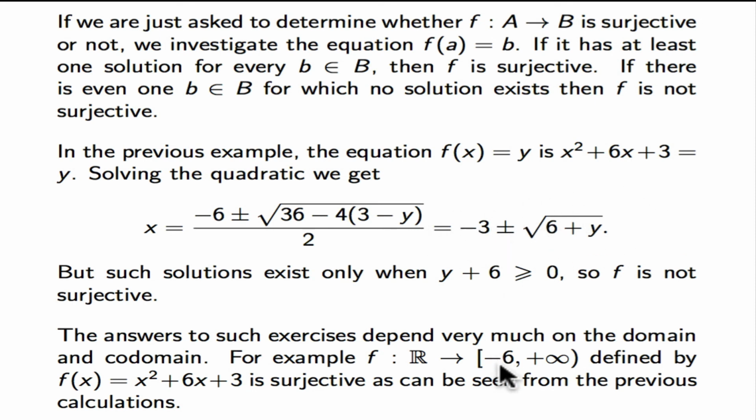If you give me a y between minus 6 and infinity, then by taking x equal to minus 3 plus square root of 6 plus y, I get that f of x is equal to y. I already solved this equation before. So this new function f is surjective. The previous one isn't. The only difference is the codomain.